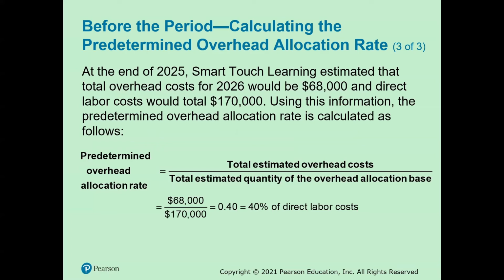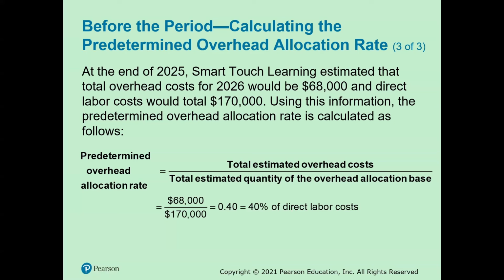At the end of 2025, Smart Touch Learning estimated that total overhead costs for 2026 would be $68,000 and direct labor costs would total $170,000. Now, using this information, the predetermined overhead allocation rate is calculated as you see here. The predetermined overhead allocation rate is equal to total estimated overhead cost divided by total estimated quantity of the overhead allocation base.